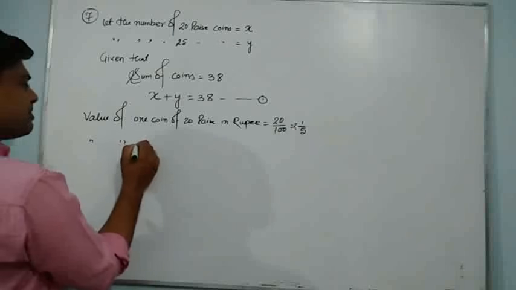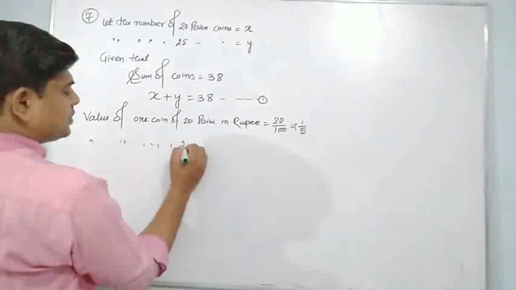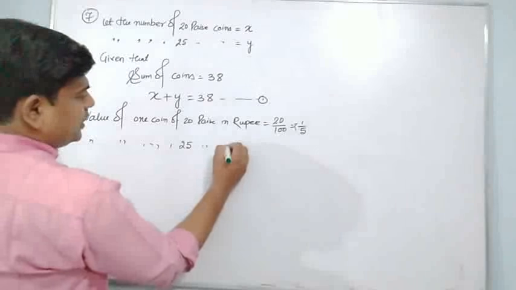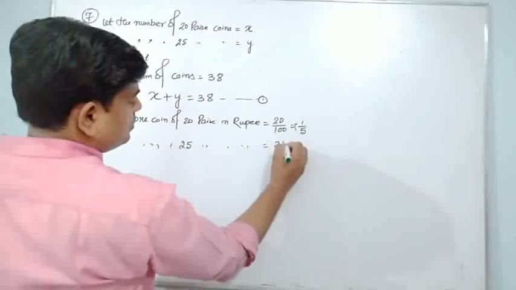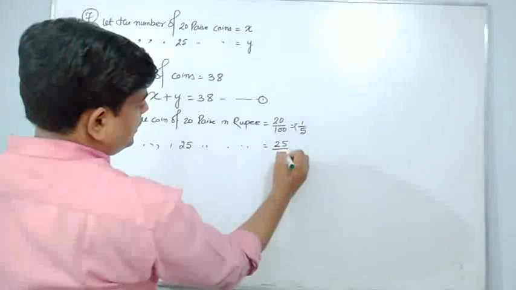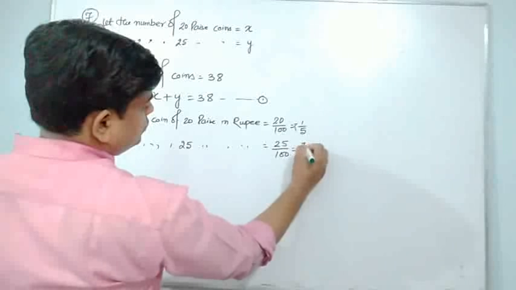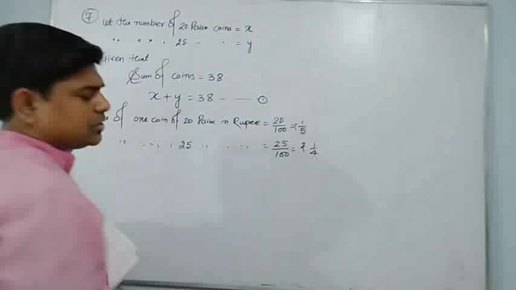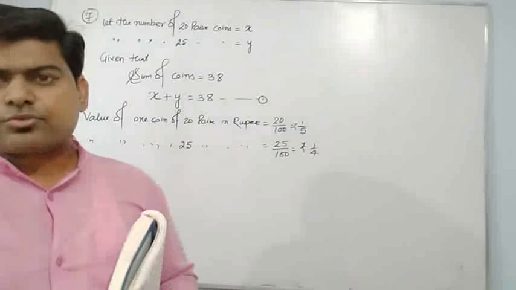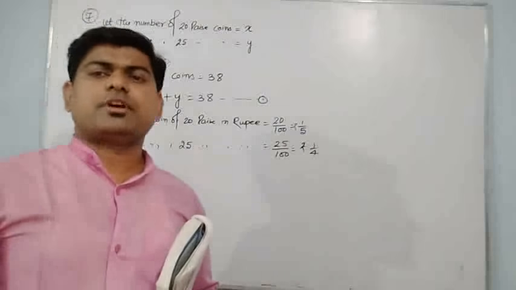Value of one coin of 25 paise in rupees is equal to 25 upon 100, is equal to rupees 1 upon 4.